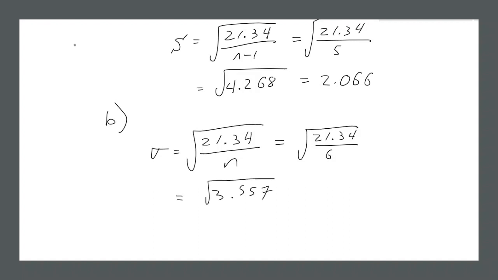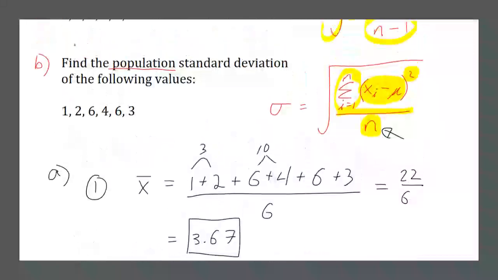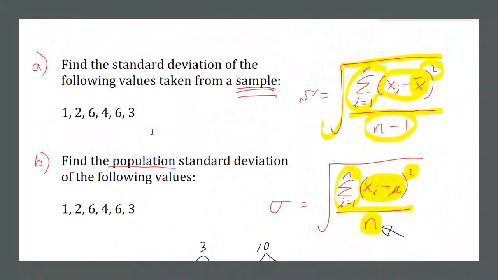And when we take the square root of that, we get 1.886. And that's our answer for the population standard deviation, 1.886.